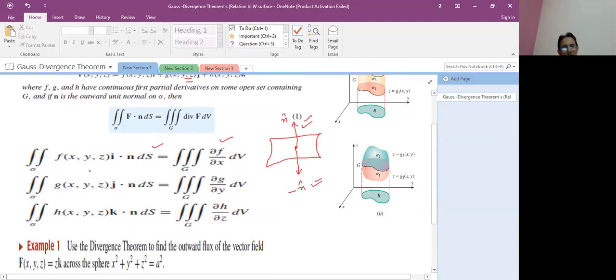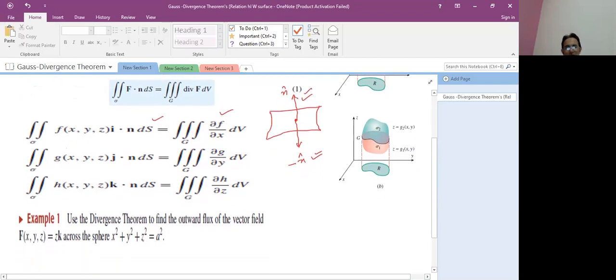So student, when we convert the double integral into a triple integral, we apply this condition after finding the divergence of F.